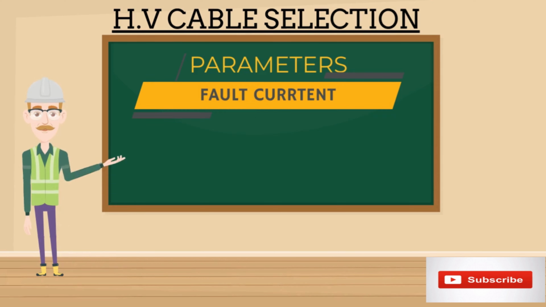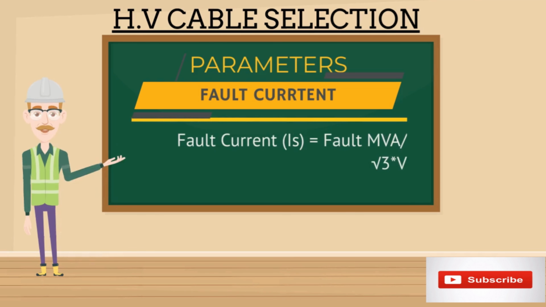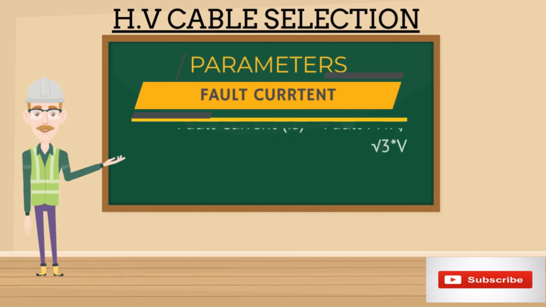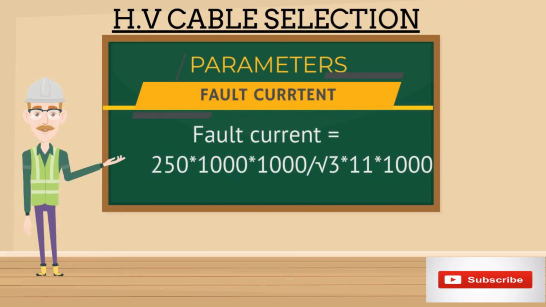If we consider only the load current, then we can select 50 square mm cable in the primary side of the transformer. But it is not the case. We have to take the fault current into consideration in selecting the HV cable. For this, we have an equation. Fault current or short circuit current IS equal to fault MVA divided by root 3 into V. The fault MVA is given in the question itself, which is 250 into 10 raised to 6 and the voltage is 11 kV.